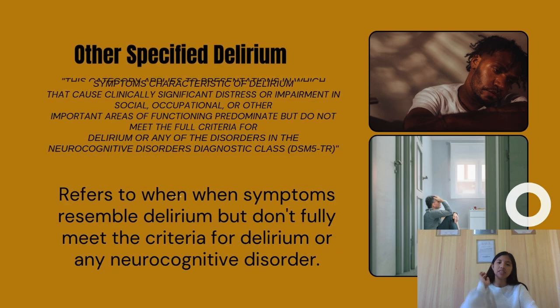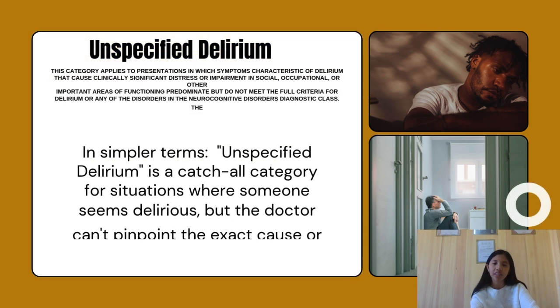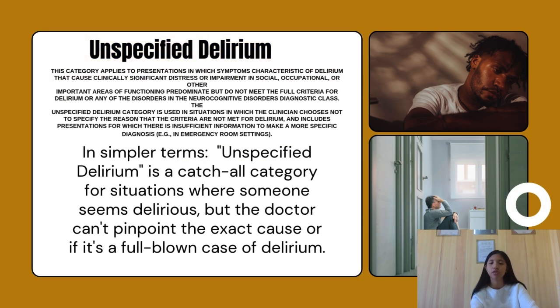Next is unspecified delirium. This category applies to presentations in which the symptoms characteristic of delirium that cause clinically significant distress or impairment in social, occupational, or other important areas of functioning predominate but do not meet the full criteria for delirium or any of the disorders in the neurocognitive disorder diagnostic class.